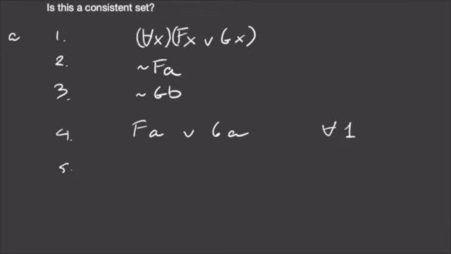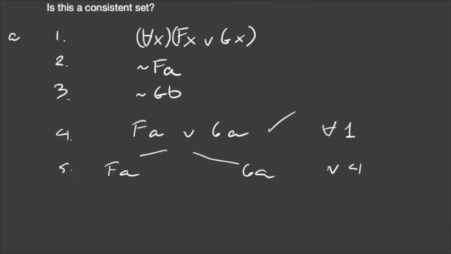I could get the substitution instance of the universal, but now with B, or I could break up the disjunction. You could go either way, but I'm just going to break up the disjunction first. So I'm going to write FA, and I'm going to write GA by the V, here line 4, and I can check it.